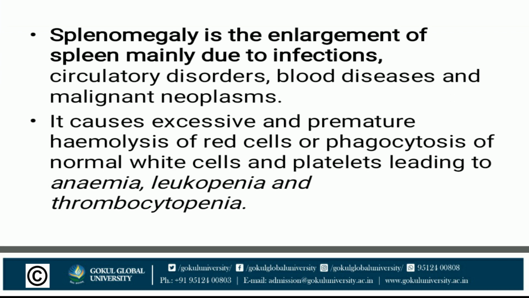Splenomegaly is the enlargement of the spleen mainly due to infection, circulatory disorder, blood diseases and malignant neoplasms. It causes excessive and premature hemolysis of red cells or phagocytosis of normal white cells and platelets, leading to anemia, leukemia and thrombocytopenia.